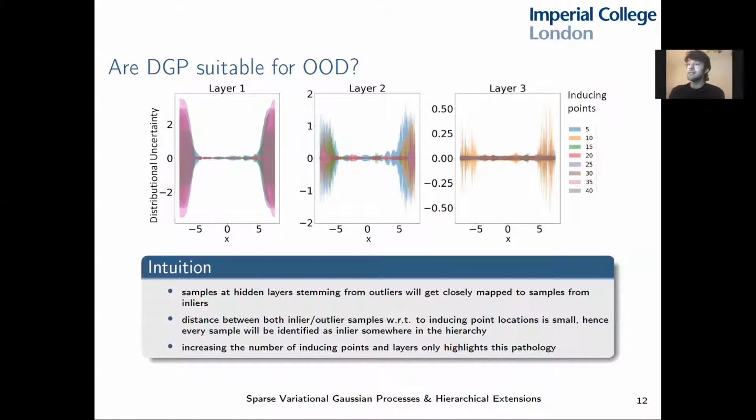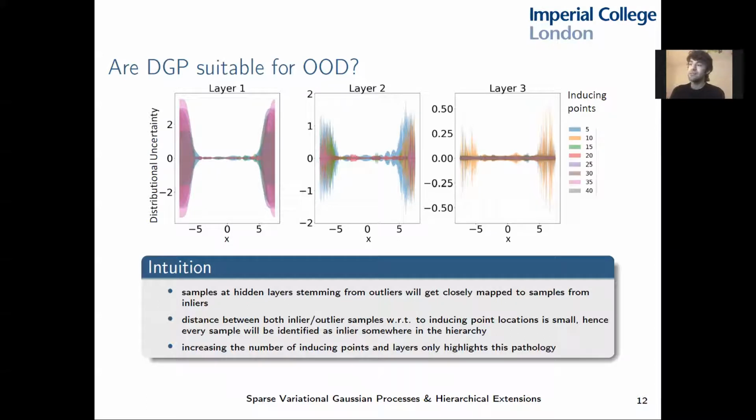And unfortunately, the answer is no. As you can see in the figure here, we have a three-layered deep GP where we have plotted just the distributional uncertainty, with the x-axis being our input space. We essentially have training data between -5 and 5. In a hypothetical scenario, we want anything less than -5 or bigger than 5 to be detected as an outlier, meaning high distributional uncertainty at each layer.